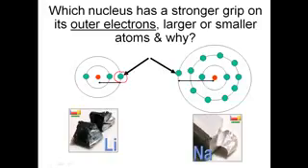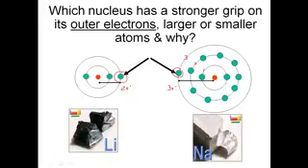Sodium is directly below lithium on the periodic table, and I have 1, 2, 3 energy levels, and this valence electron is located on the outer energy level. So my outer energy level in this case is a 2s1, and my outer energy level here is a 3s1, for the third energy level, s orbital, 1 electron.